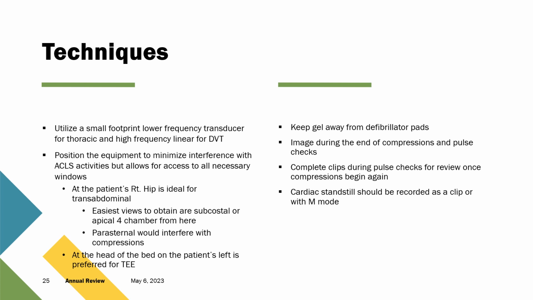So really, when you're scanning for cardiac arrest, that subxiphoid view is going to be your most efficient area of evaluation. Now, if you happen to be providing transesophageal echo services, then your position would be at the top of the bed towards the patient's head so that you could access their oral cavity more easily.